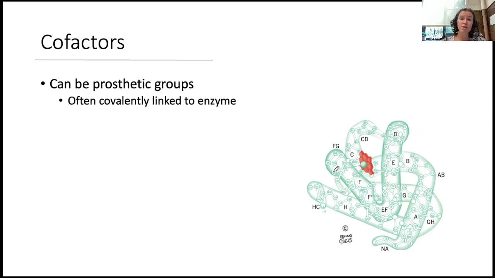Since those proteins do not have enzymatic activity, it's not necessarily correct to call it a cofactor, but that heme molecule that is used in hemoglobin and myoglobin is a similar molecule used in many other proteins that do perform oxidation reduction. And so these types of prosthetic groups or heme groups are also an example of a cofactor, and as we saw with hemoglobin and myoglobin, are often covalently linked to the enzyme.